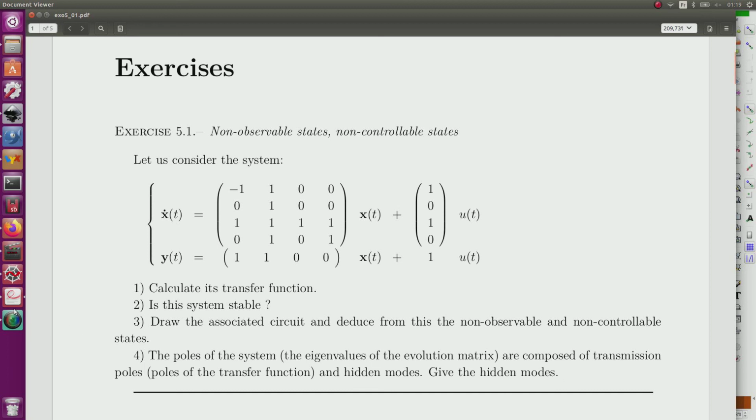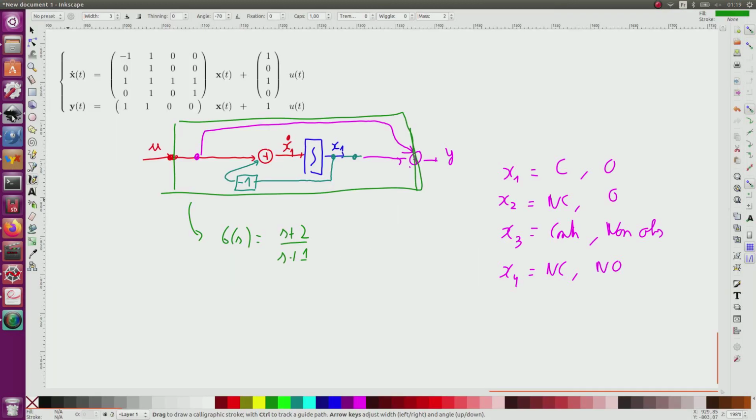So the hidden modes are those that have disappeared, and it is clear that the transmission pole corresponds to -1, which is stable, and now the hidden poles or hidden modes are all unstable and correspond to 1, 1, and 1.